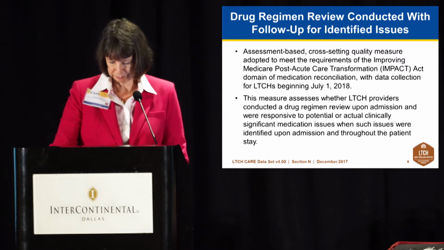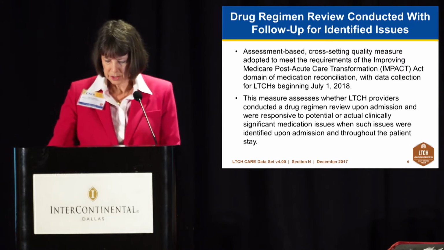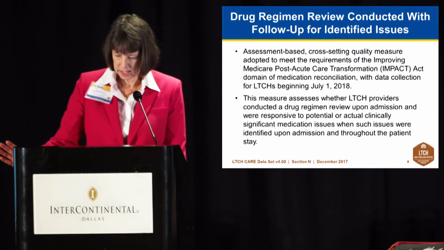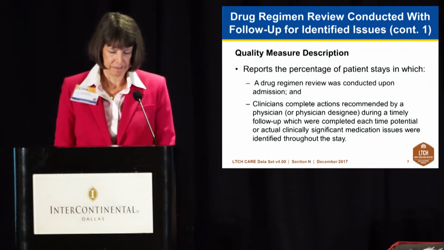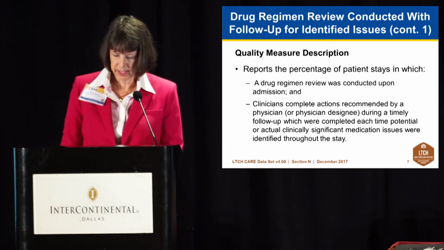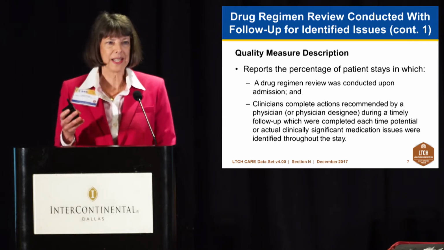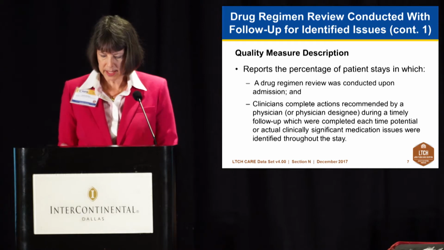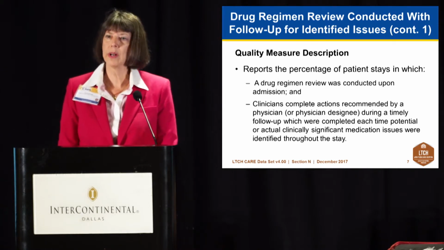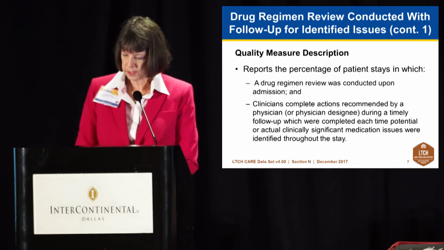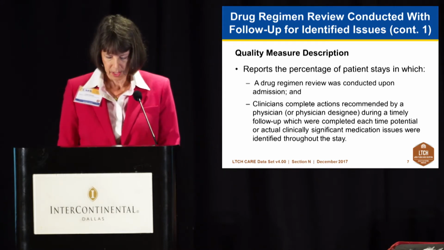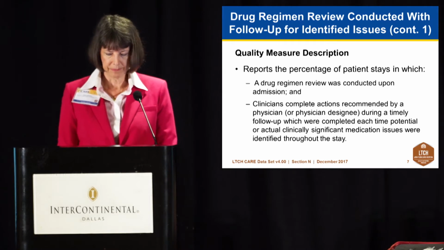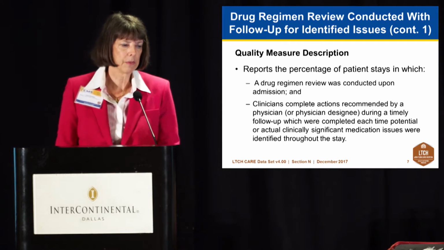So we'll be getting to more details, because that's a very important concept in terms of you folks understanding the quality measure description. The quality measure description is explained using the criteria in meeting the measure requirements. It's reported as a percentage of the specific patient population stays during a specific time. So for this process measure, a drug regimen review was conducted upon admission.